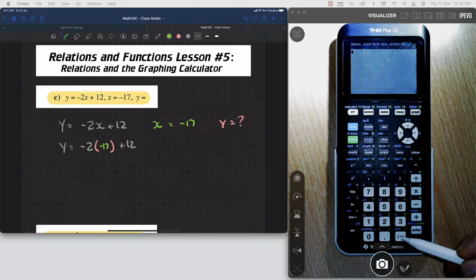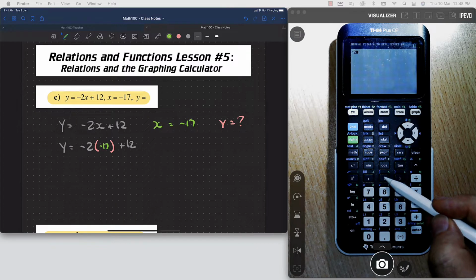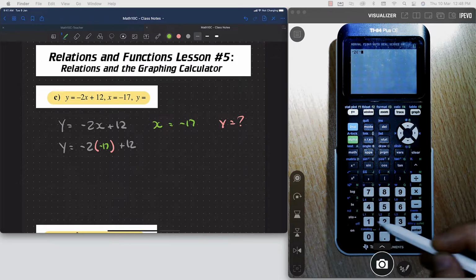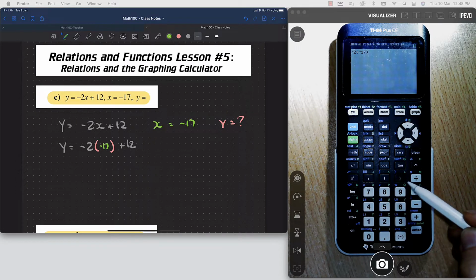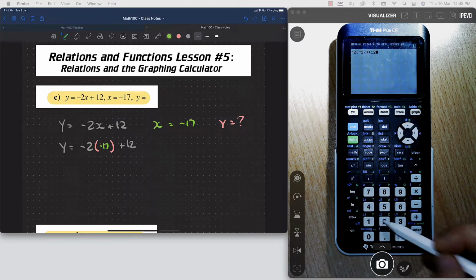I want to use the negative sign down here, not the minus sign. So negative 2, bracket, negative 17 inside the brackets, plus 12. I hit enter, and you can see that when x is negative 17, y is equal to 46.